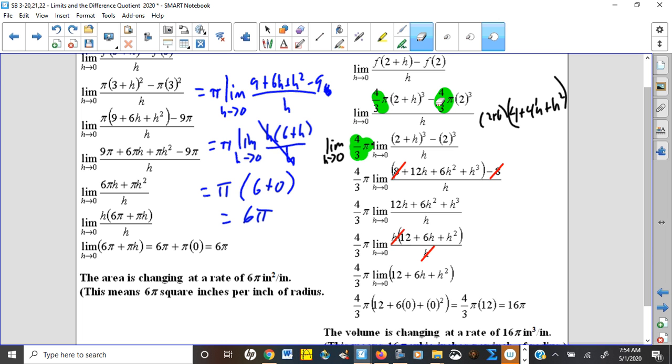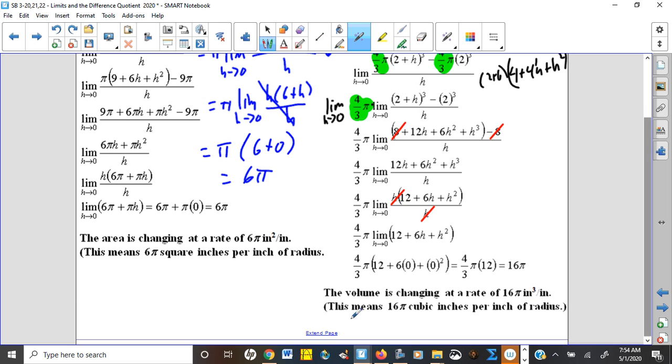Notice I factored that 4/3 out just like we did previously. Technically we're taking the limit of 4/3 pi, but if it's a constant and you want to take it out, we almost never make you show that limit on the first step. The 8's cancel, and just like we got before, everything cancels, and there you go. So the volume is changing 16 pi cubic inches per inch of radius.